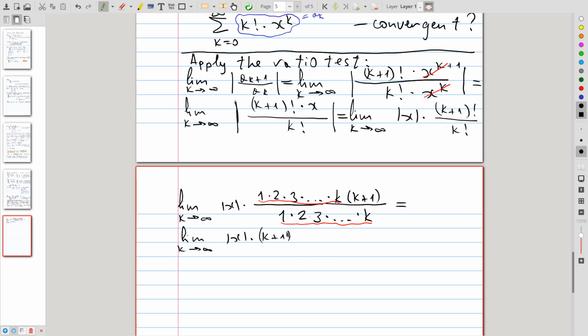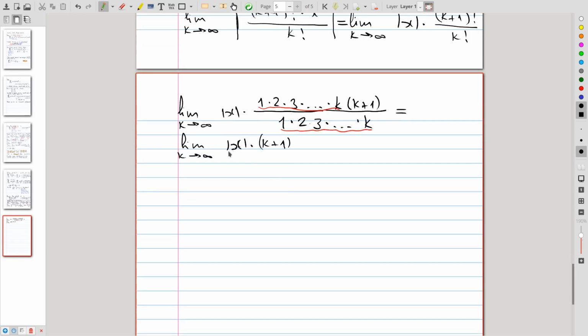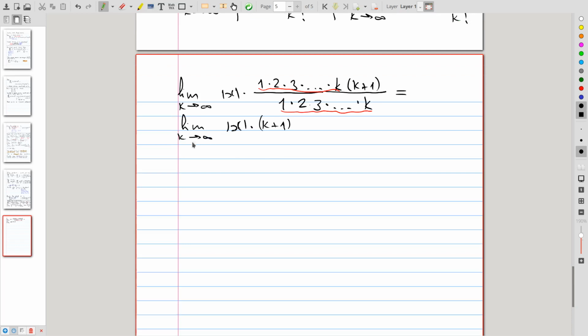Now, in order to compute this limit, observe that x does not depend on k. So this is a situation similar to what we had in the previous example. x is independent of k, therefore in the limit, this part is effectively a constant.